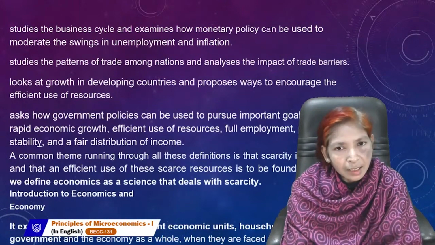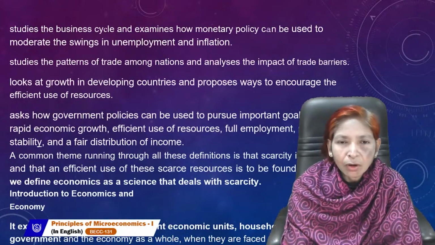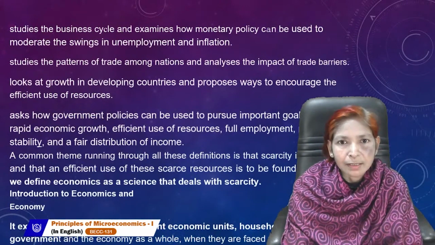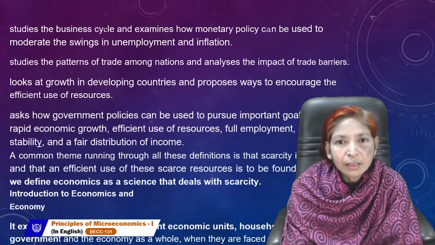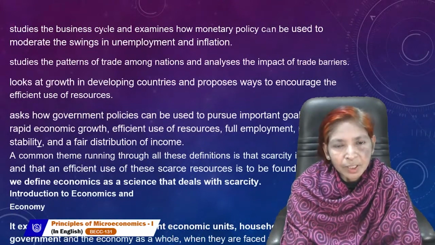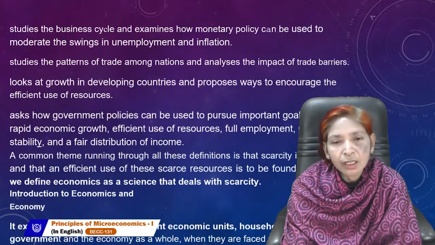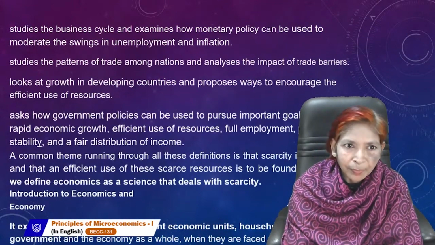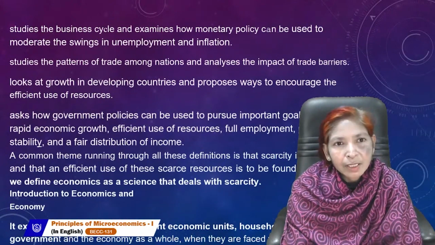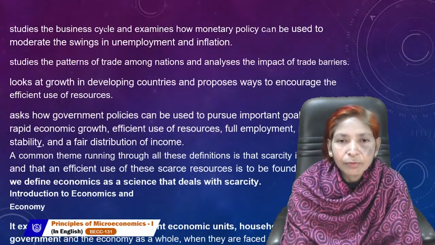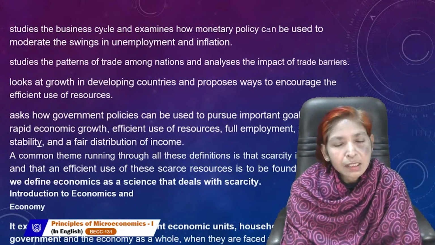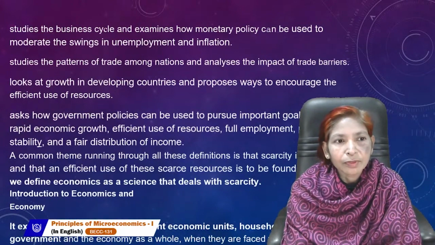Economics is a science, but it is not a natural science or a pure science. Economics is a social science. It deals with human behavior, and among human beings we include consumers and producers. So microeconomics deals with individual units of the economy, and macroeconomics deals with whole units of the economy.